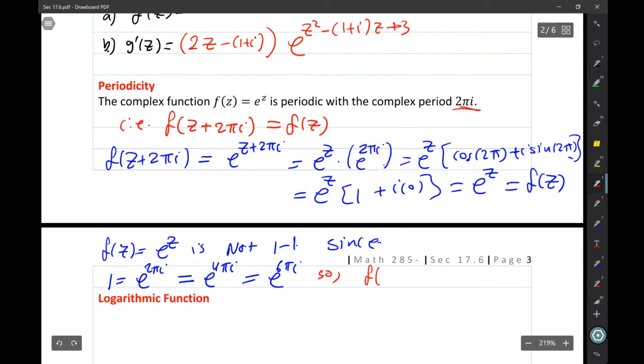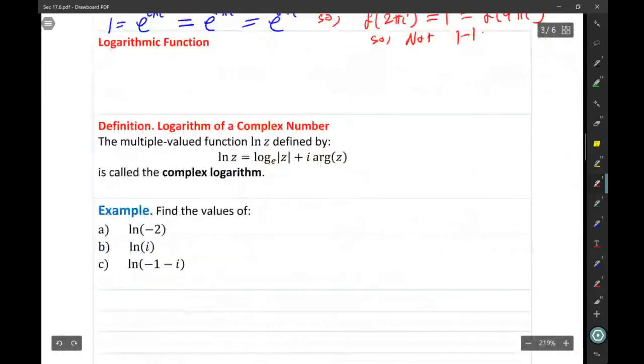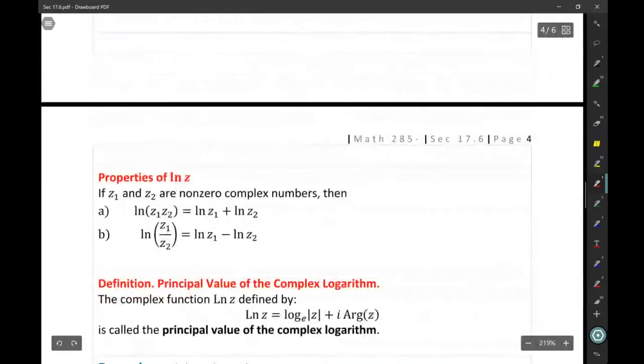So f of 2 pi I is equal 1, which is equal f of 4 pi I. So it is not a one-to-one function. This is just what we have to know about the exponential.